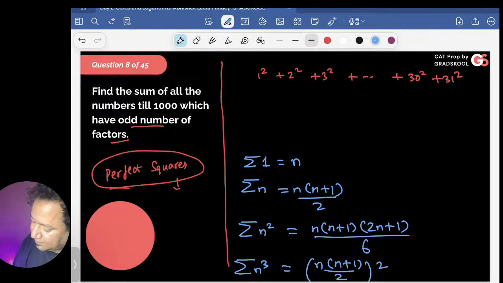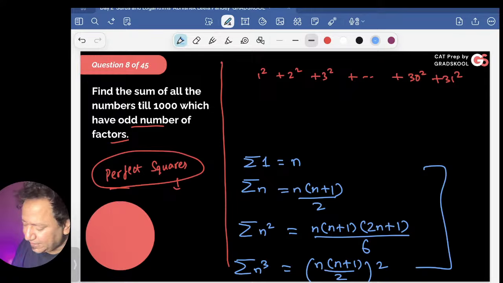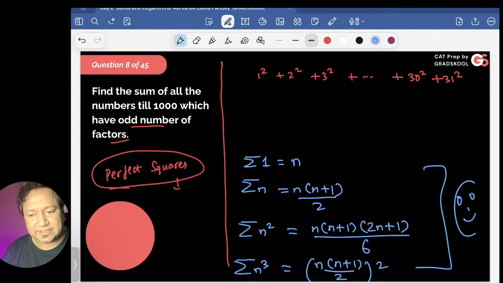Now, only sigma n is an AP, the rest are not AP, they are second degree AP, and we'll come to that also in the upcoming slides. But for now, I want you to write this down in case you don't know yet.